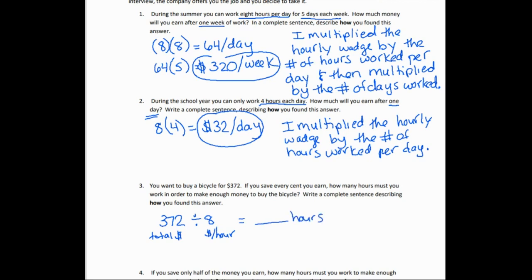Does that make sense? You don't need to always write it out like I just have. Just for our notes purposes, I want you to be clear of what this means. So we have our total money divided by the amount of money we make per hour will tell us how many hours we need to work. So 372 divided by 8 gives me 46.5.